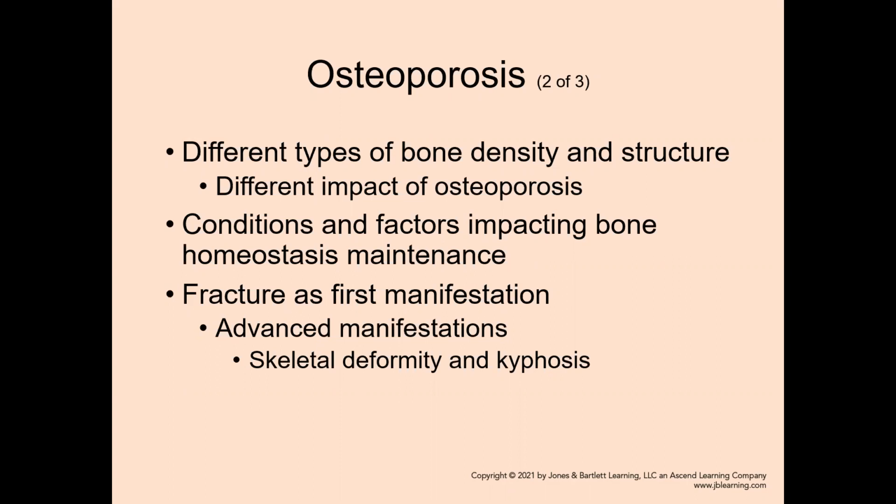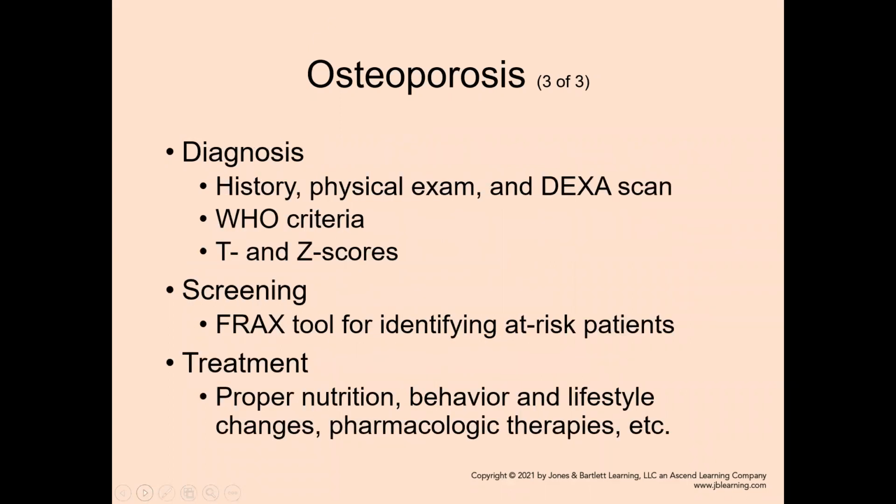There could also be skeletal deformities or kyphosis. Diagnosis is made by history and physical exam, and a DEXA scan could also be ordered. There's also diagnostic specific criteria from WHO and T and Z scores, but you will not be responsible for those.